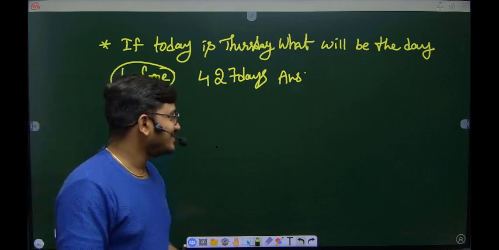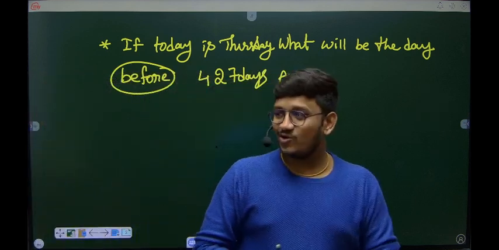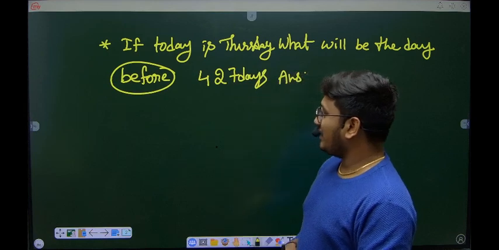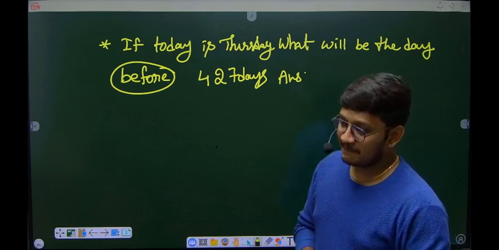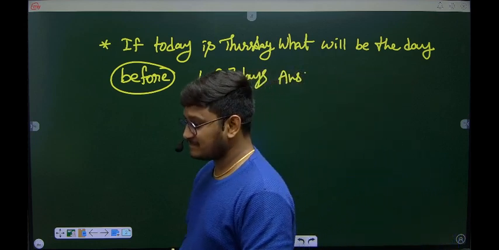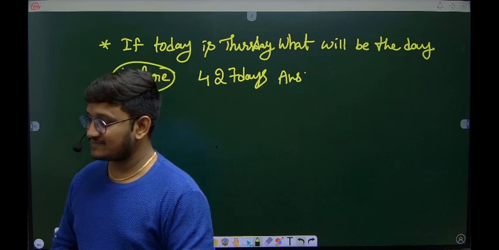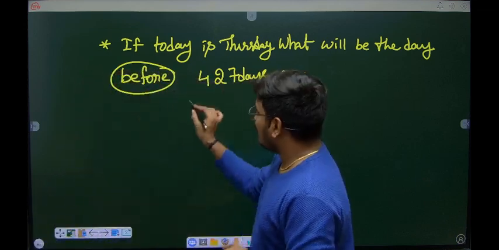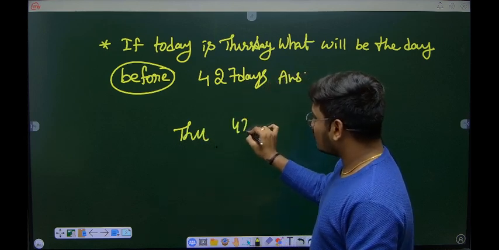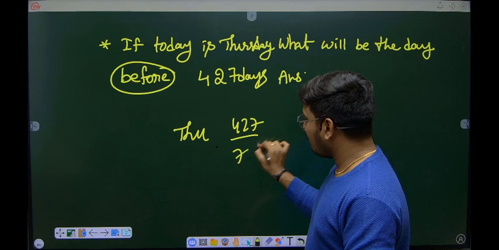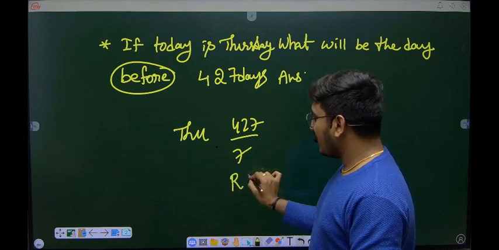Yes, very good. Now you guys got the logic. Why have I given that 427? Because if today is Thursday, then before 427 days means if you divide by 7, you will get remainder 0.